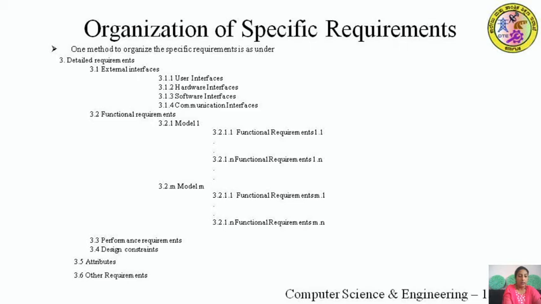All factors that constrain the system design are described in the design constraints section. The attributes section specifies some of the overall attributes that the system should possess. If there are any other requirements not covered under the above sections, they will be listed under the Other Requirements section.